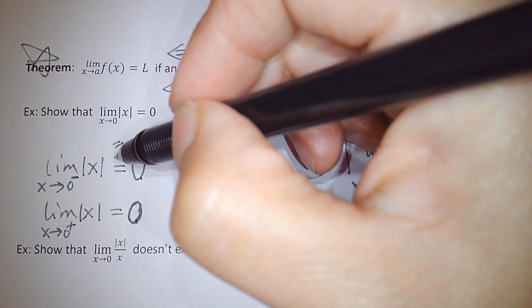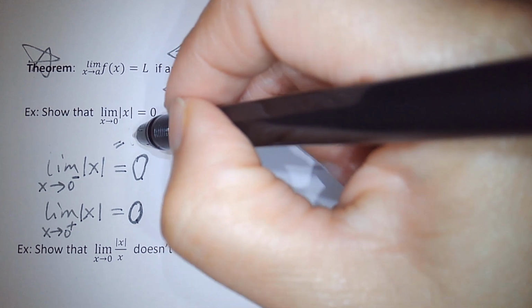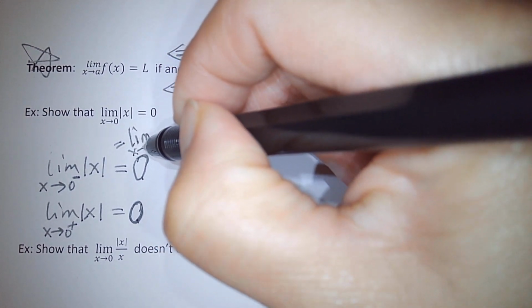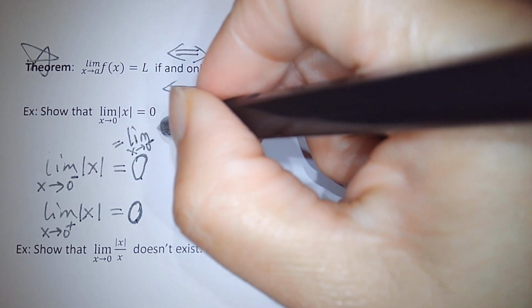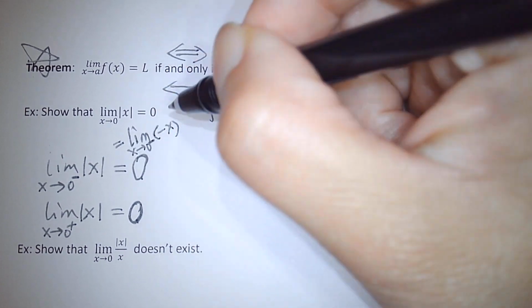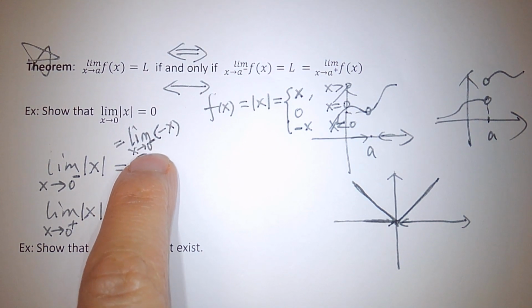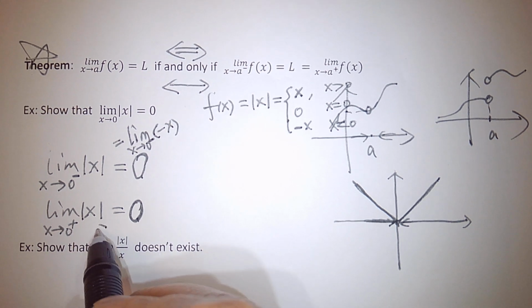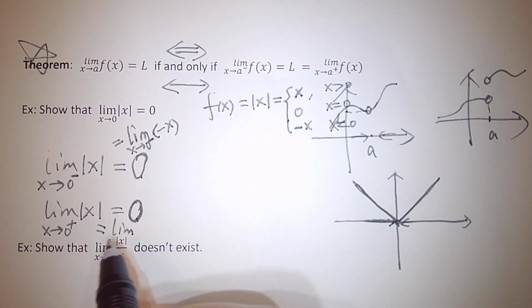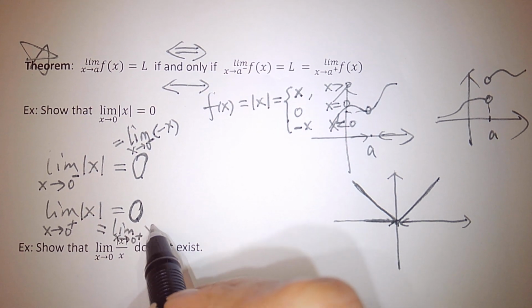Say when x approaches 0 from the left, meaning x is less than 0, in this case, because x is negative, the absolute value of x becomes negative x, right? So as x approaches 0, negative x gives us 0. When x is positive, the absolute value of x is positive, right?